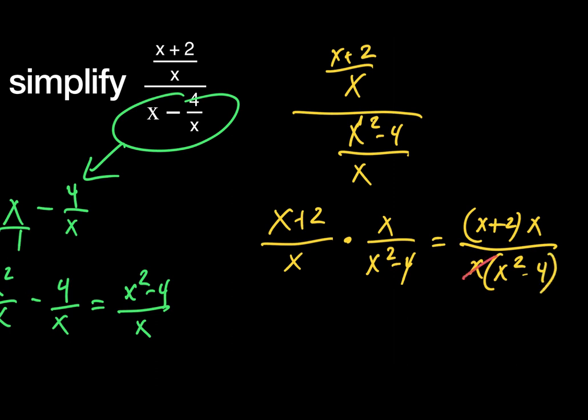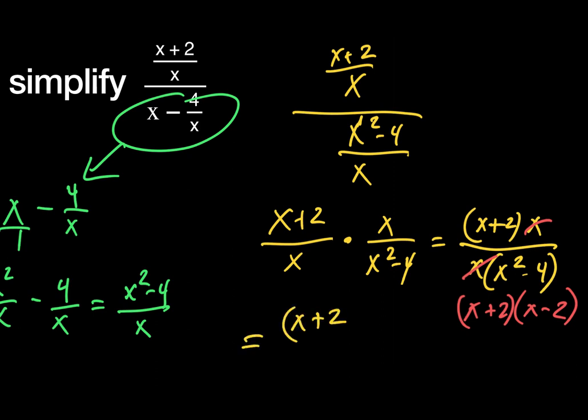I see that the x's reduce because I'm only multiplying and dividing, but then I've got this x squared minus 4 in the denominator. And if I give a dramatic enough pause, you'll go, oh wait. It can factor because it's a difference of squares, because it's going to show up a lot.